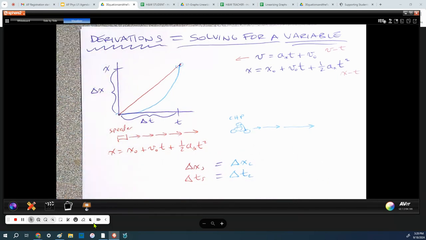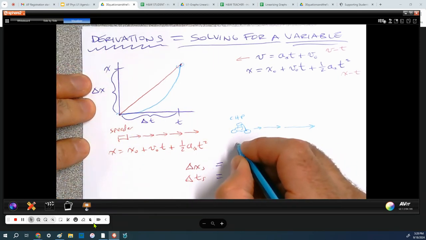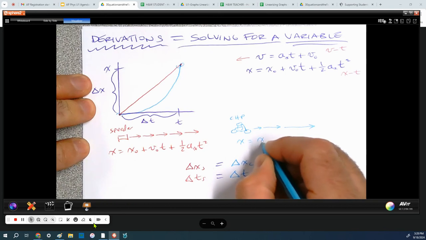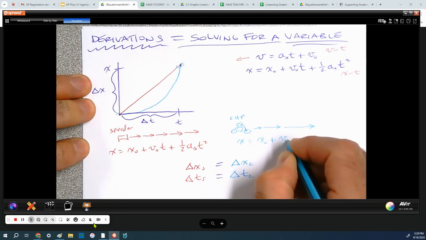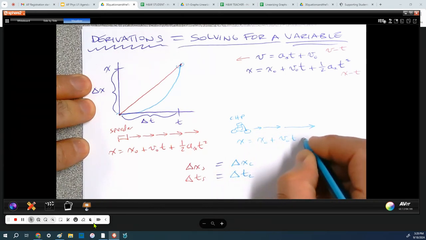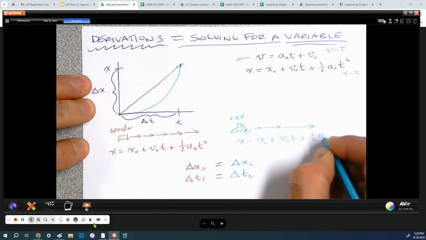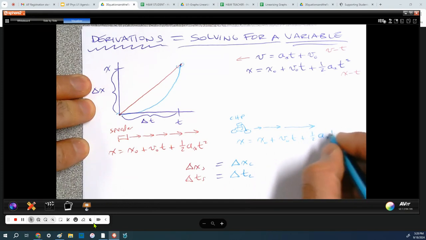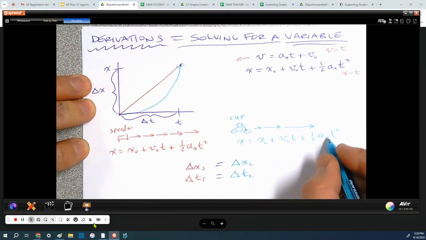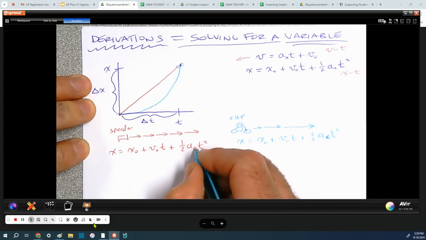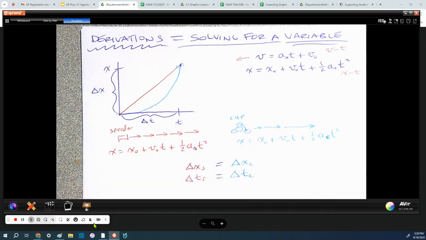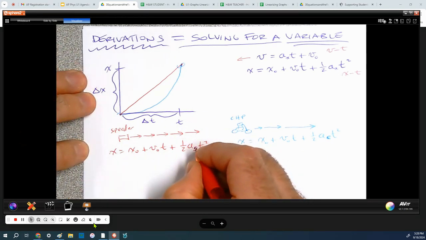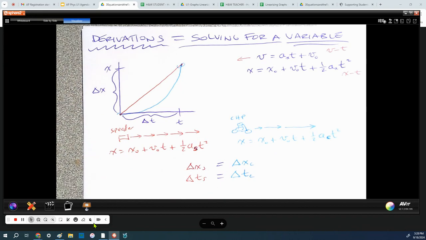And the same equation applies here. x equals x naught plus v naught t plus 1/2 a in the x direction times t squared. I should call this a of the CHP, and in this one, a of the speeder. I almost made a mistake on that. A of the speeder. Okay?